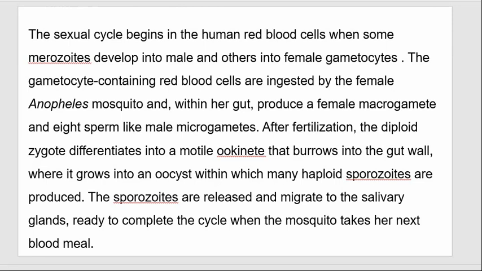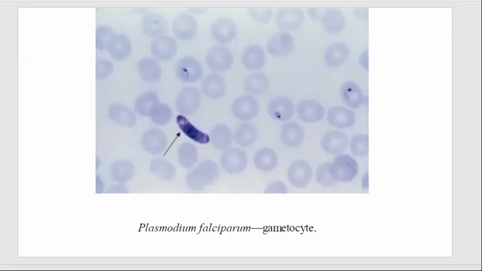After fertilization, the diploid zygote differentiates into motile ookinete that burrows into the gut wall, where it grows into the oocyst, within which many haploid sporozoites are produced. The sporozoites are released and migrate to the salivary gland, ready to complete the cycle when the mosquito takes her next blood meal.